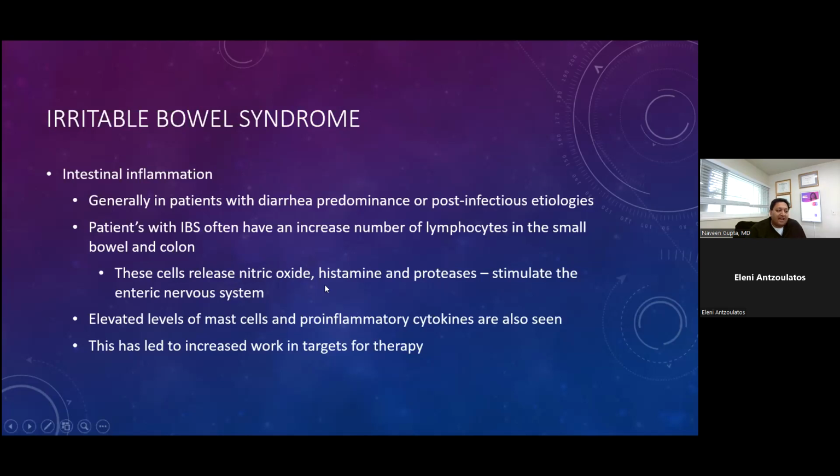Of them, nitric oxide, histamine, and proteases are most commonly seen. It's not really important which ones predominate. It's just that patients with irritable bowel syndrome do seem to respond with some degree of increased inflammation in their gut. And in trying to target those cells, those lymphocytes or mast cells, which release a lot of cytokines via a histamine response, you do decrease the symptomatology of irritable bowel syndrome.